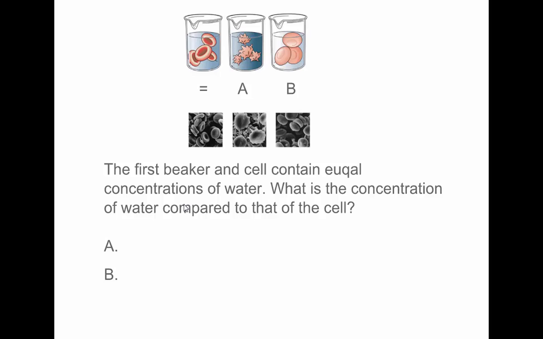But if instead I put one of those cells in a beaker of, let's say, very salty water, say it's 30% salt and 70% water, where is there a higher concentration of water? In the cell or in that liquid? In the cell.